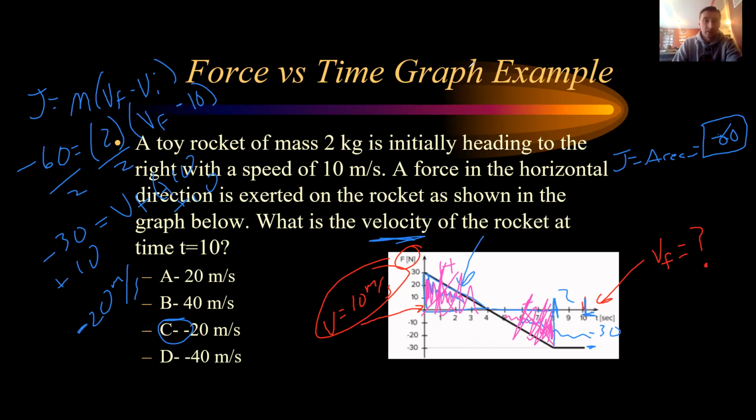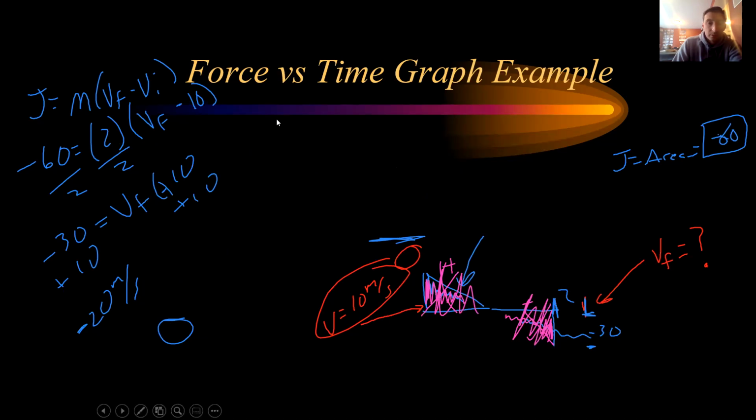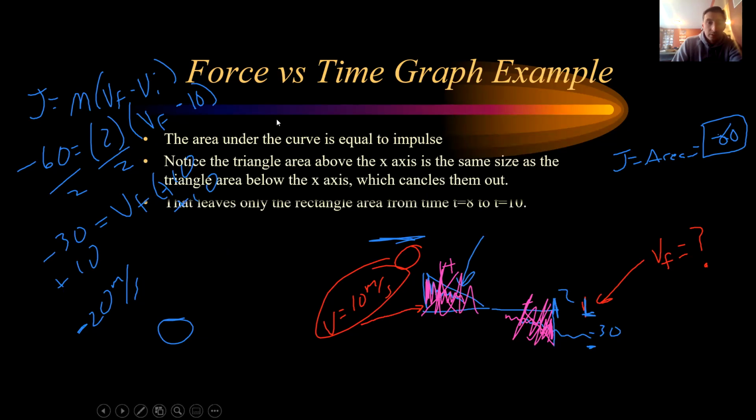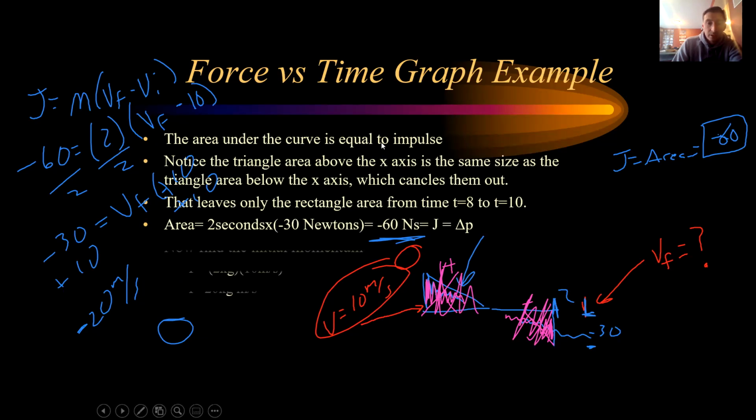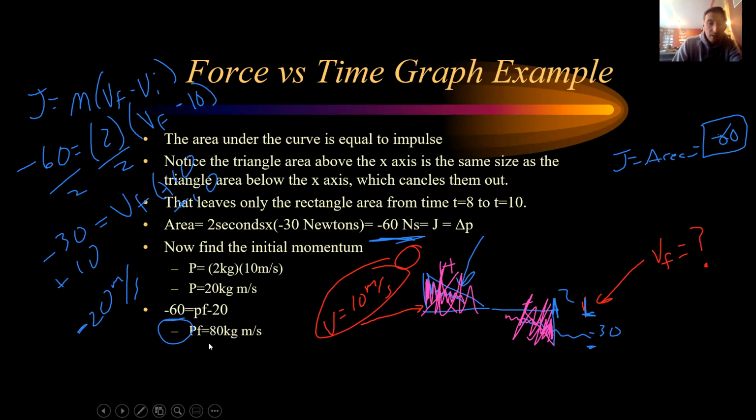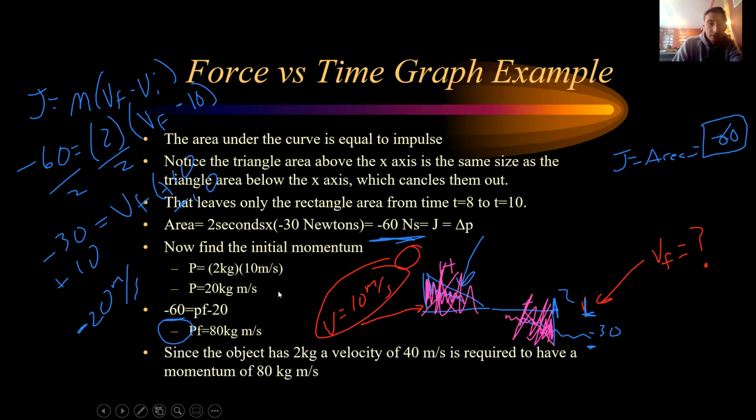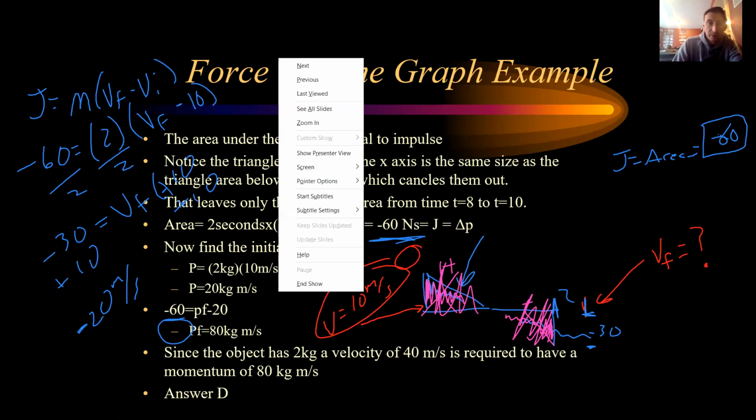All right, so let's check to see if we get the right answer here. Yep, we got negative 60. Initial momentum was 20. Final momentum is that. D, how do we get D? Hold on, previous.